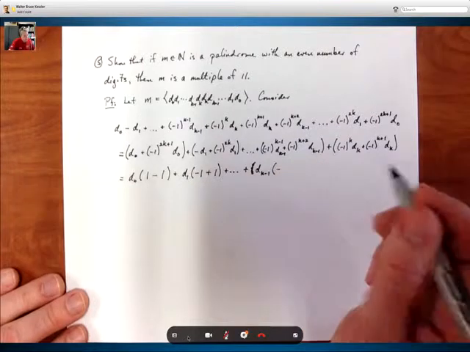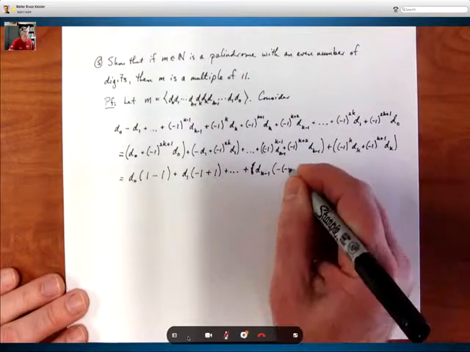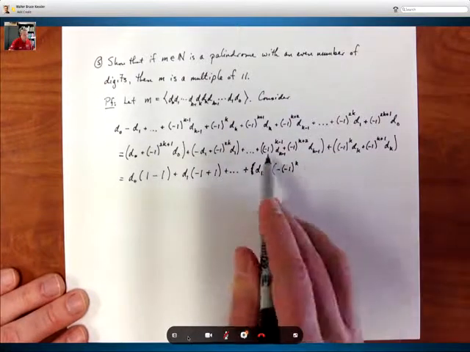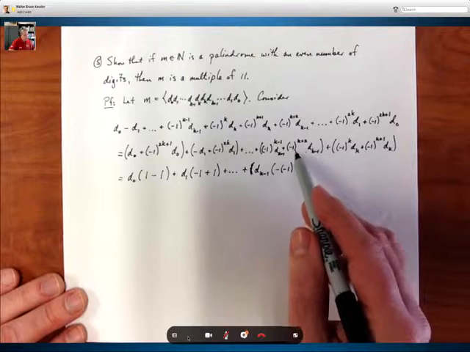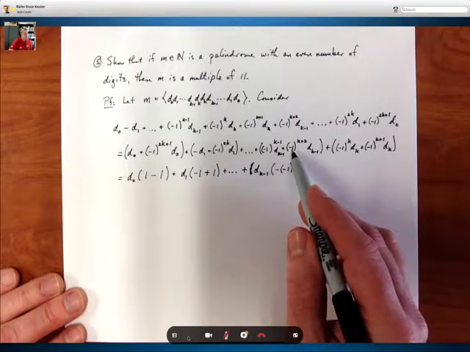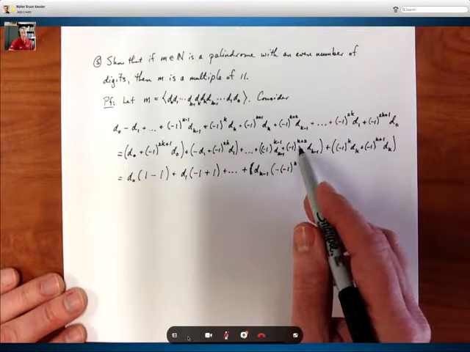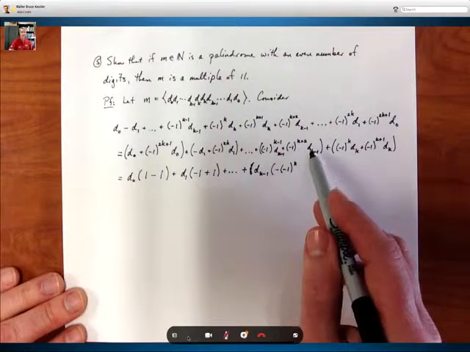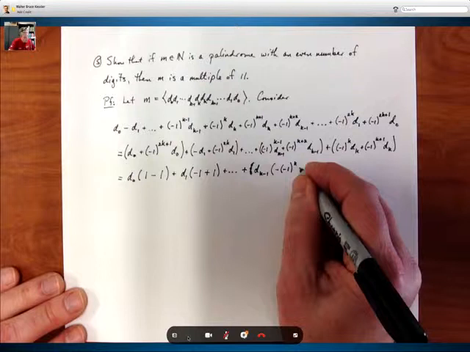Here's a good way to think about this. This is a negative negative 1 to the k, right here. And then this is negative 1 to the k, right, times negative 1 squared. Well, negative 1 squared is 1.